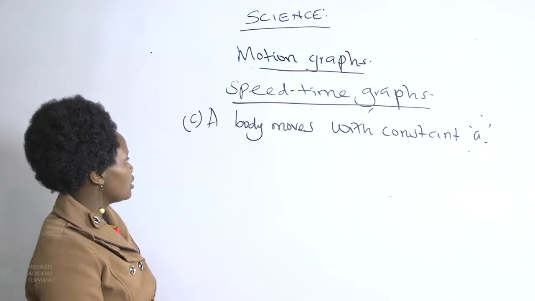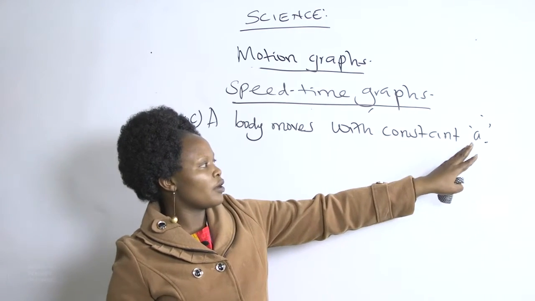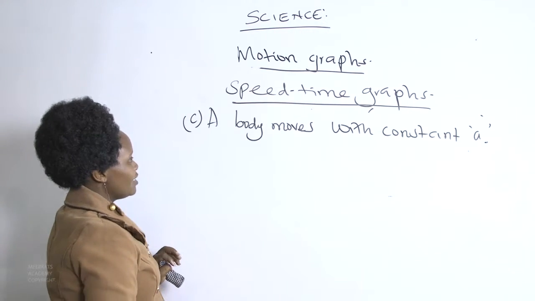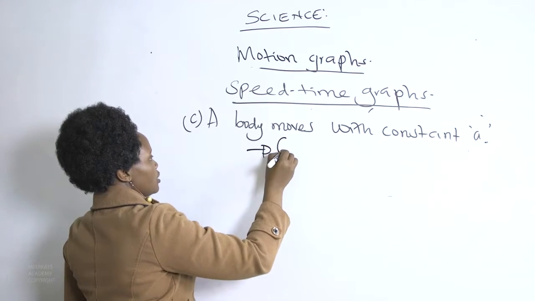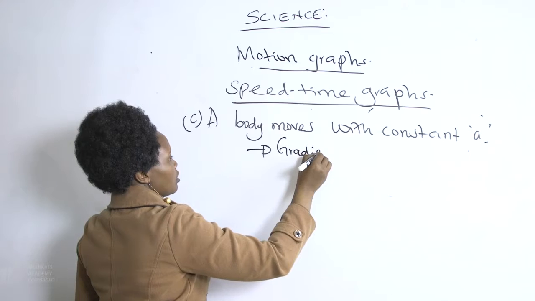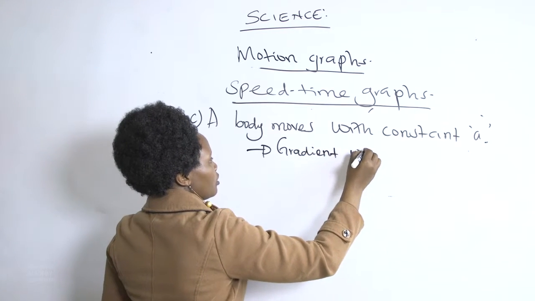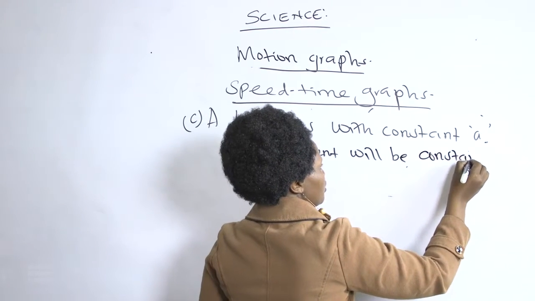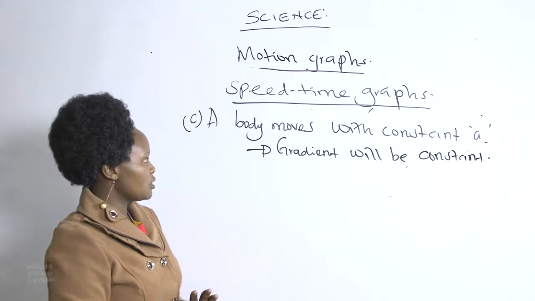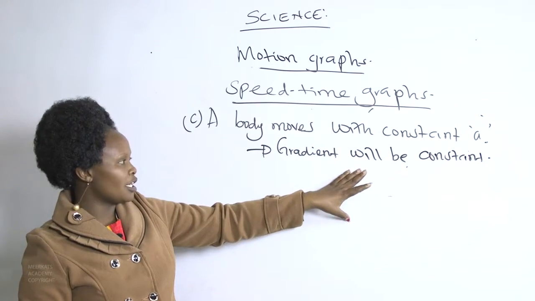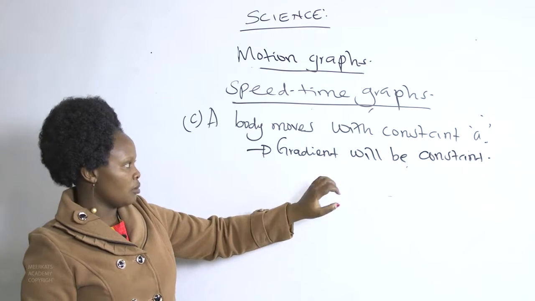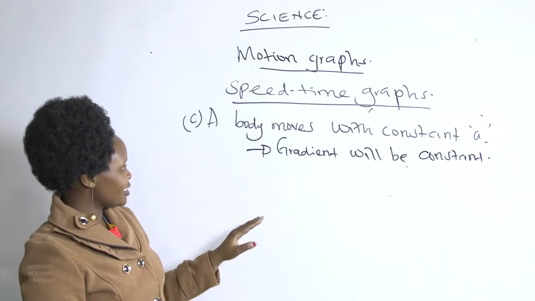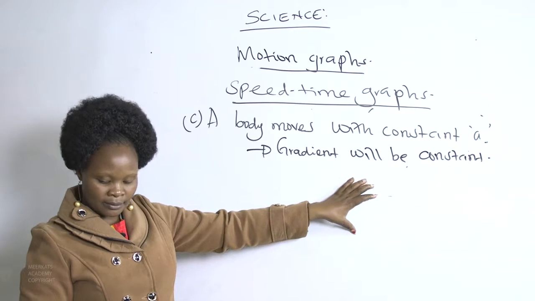And again, we have said that acceleration in our case is given by the gradient of our graph, and therefore this is to mean that gradient will be constant. This can be interpreted to mean that at regular intervals of time, the speed of this body is actually increasing at the same rate.